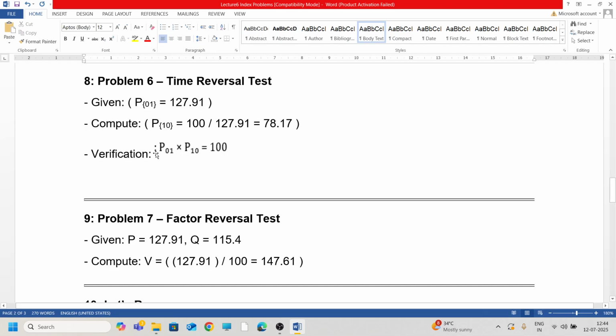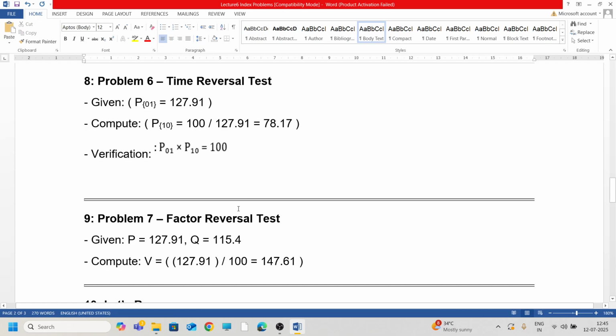So we have to verify P01 times P10 should give 100. P01 given, you have to find P10 using 100 by 127.91, that gives 78.17, and multiplying P01 and P10 will give approximately 100 or not, that you have to verify.